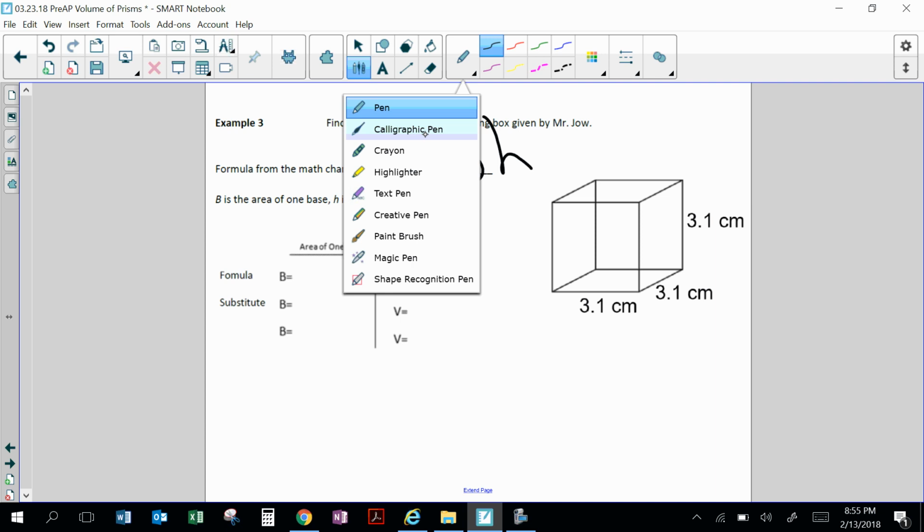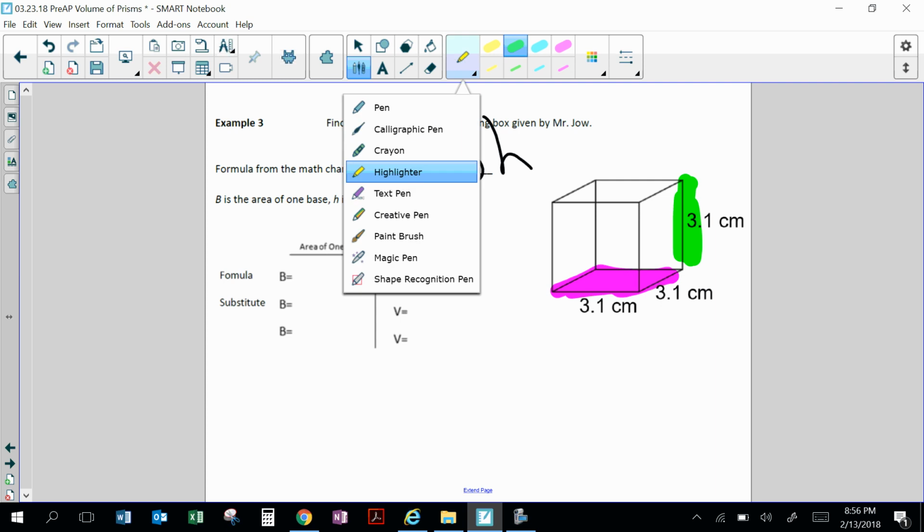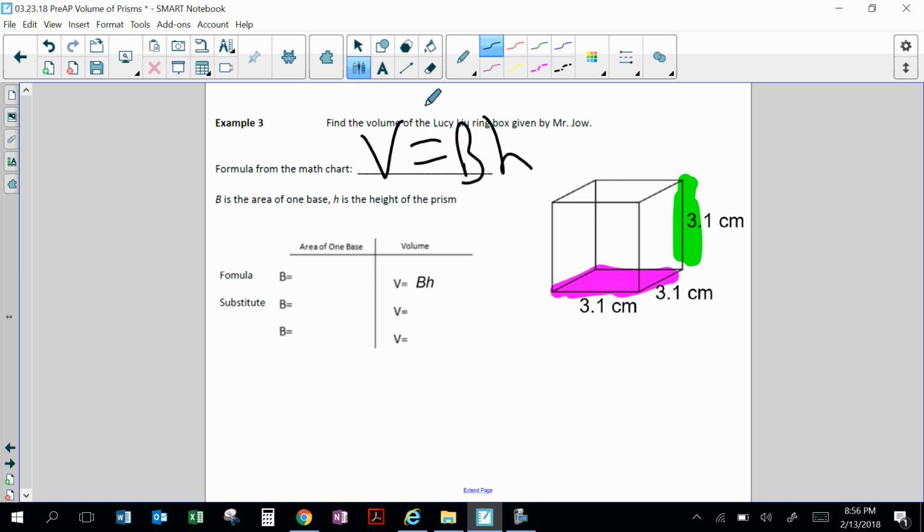So using my pink, I will highlight this base right here, and using the gray, highlight the height. What shape is this? It is a square. Is a square a rectangle? It is. So if you look at your mathematics chart, how do you find the area of a rectangle? It's called base times height.